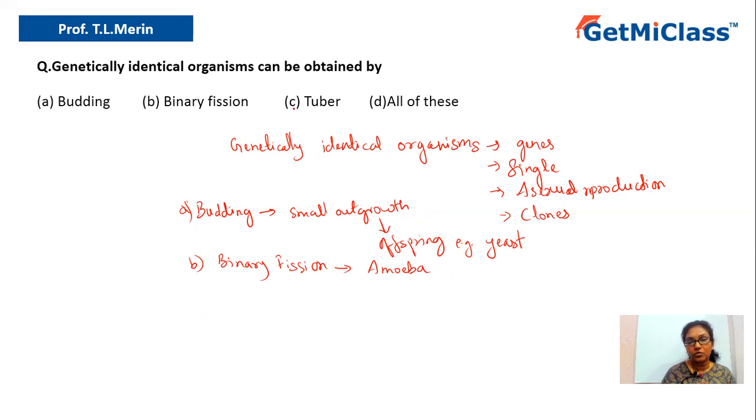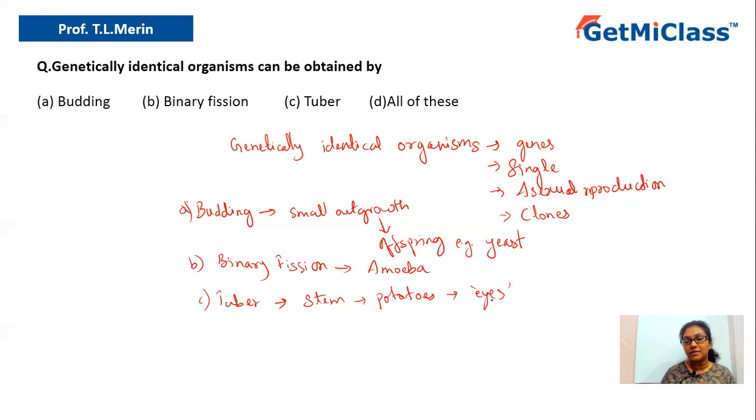Now let us talk about the option C, which says tuber. So what do you understand by tuber? These are nothing but modified stems in certain plants like potatoes. Potato, where you can find small eyes. These are called eyes. These are like tiny bud-like structures which consist of meristematic tissue.